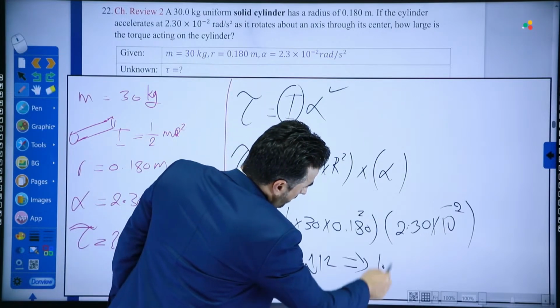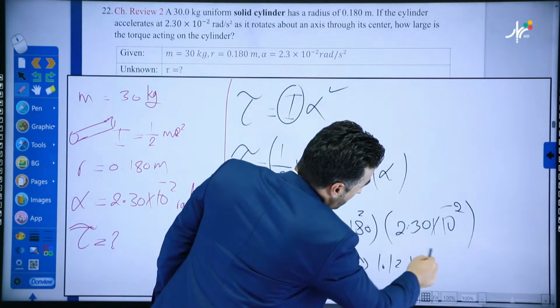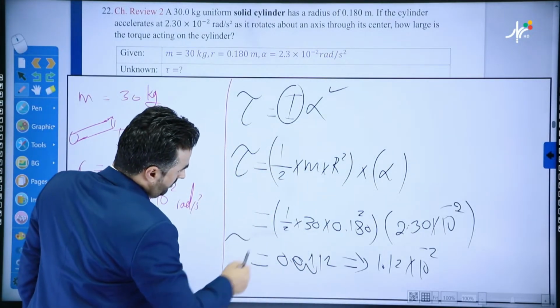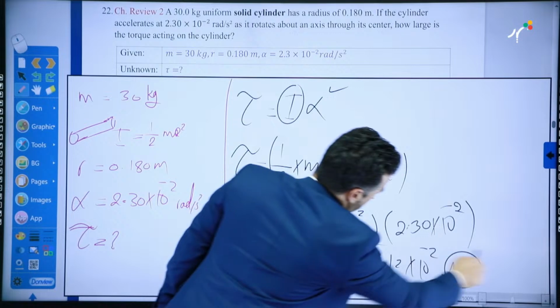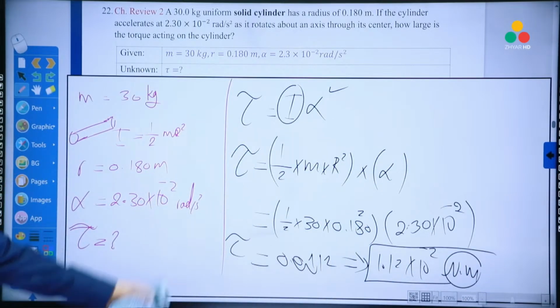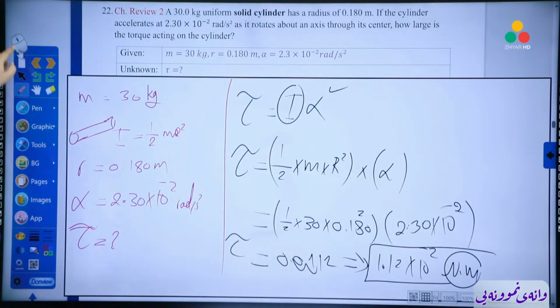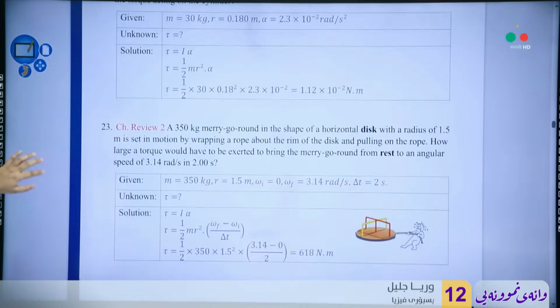So it's going to be 1.12 times 10 to the power negative 2. Since it is the net torque, of course, the unit is Newton meter. And this is the final answer. Okay, here you go. Now, moving on.